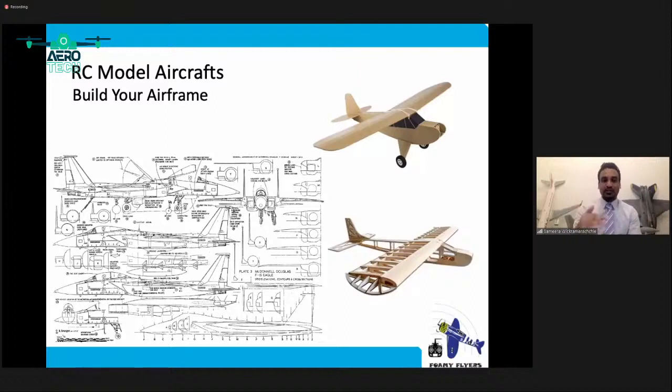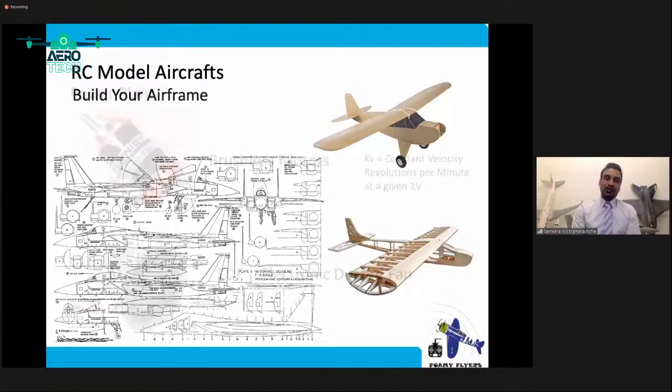I'll share some links where you can go and download your particular plan. There are some sites I'll put in your chat at the end of this session, so that you can have a reference of what aircraft are available. And you can even choose whether to have it 3D printed or made out of KT or foam boards as well. So you have that option as well.